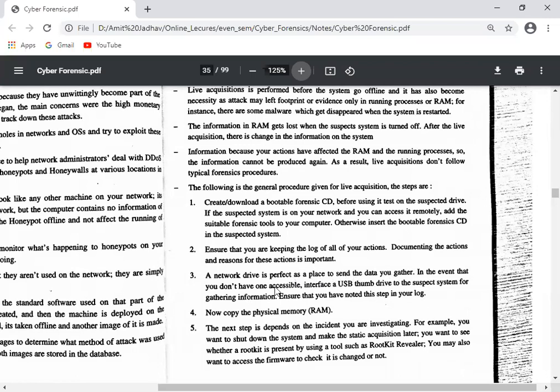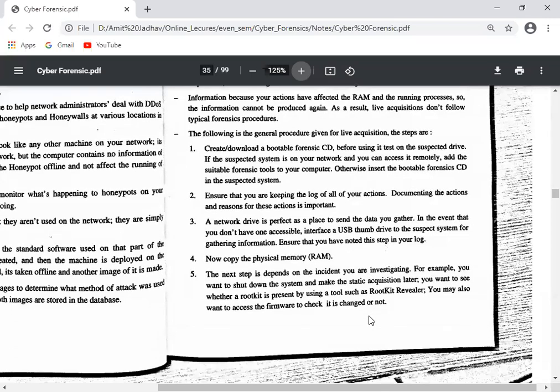In the event that you do not have one accessible, connect a USB thumb drive to the suspect system for gathering information. So whenever we can't access the particular drive, we can store the data on a USB. Ensure that you have noted this step in your log. So if we use the USB or the network drive, we should note this in our document or log.